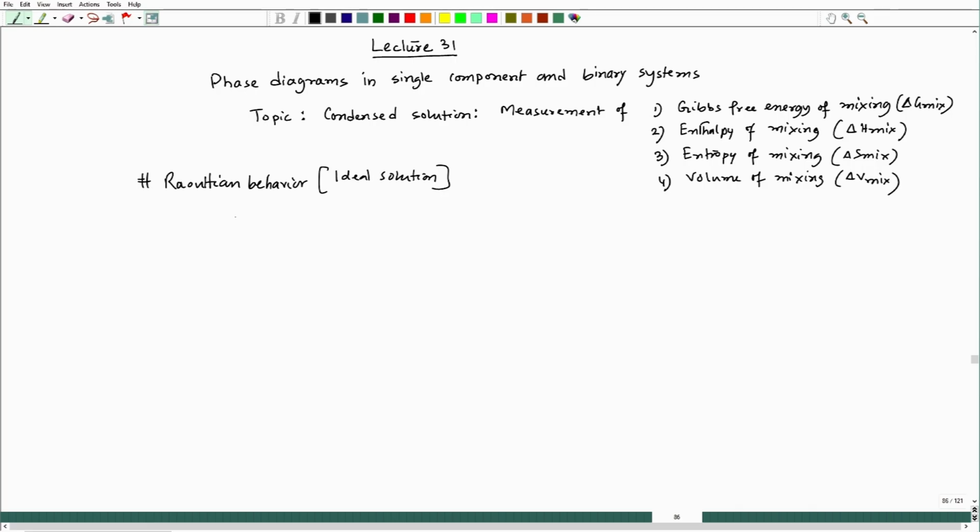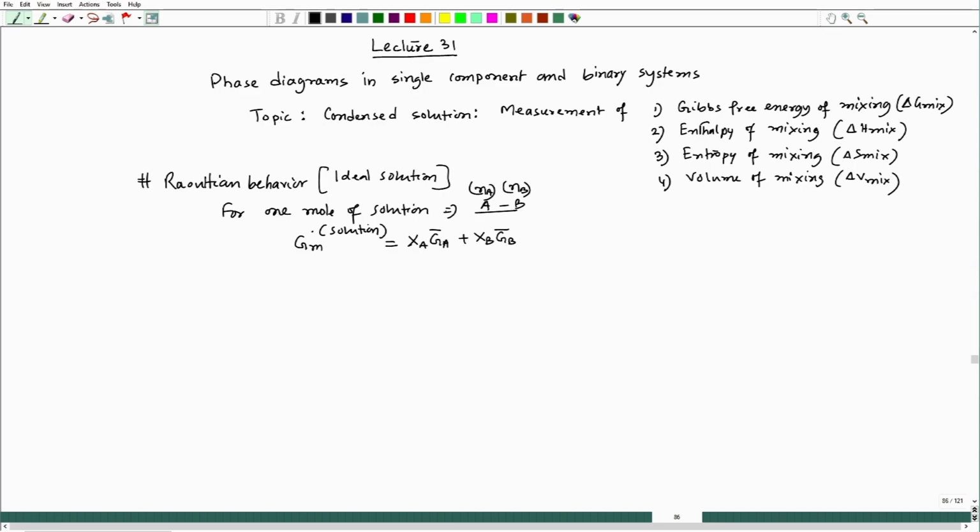If we measure for 1 mole of solution, the free energy after mixing, which is the free energy of the solution, is nothing but xa Ga bar plus xb Gb bar, where A and B are the 2 components, and Na mole of A and Nb mole of B are mixed together.